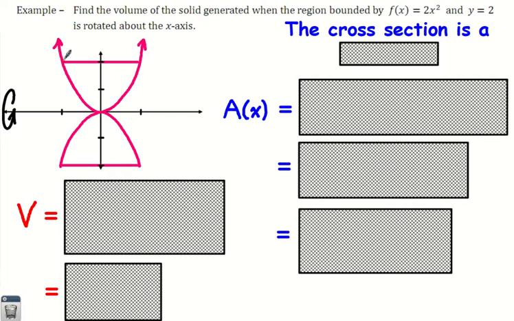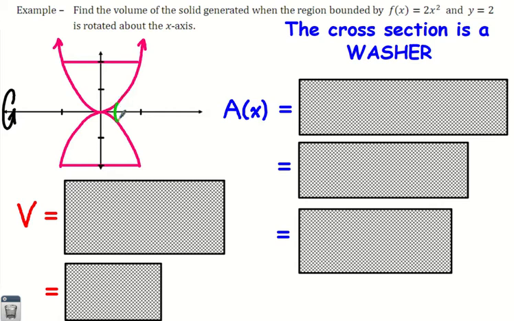We're just spinning this kind of thing. And so when you think about a cross section of this, we're going to be talking about a washer. And this should be familiar from last semester.